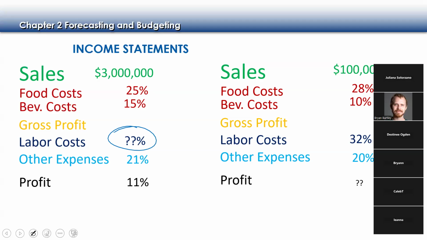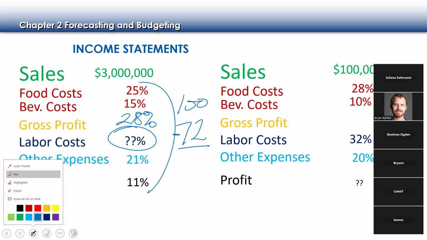Plus 25 plus 15. 40. 40 plus 21. 61 plus 11. 72. So these are 72. And we know that all of these together equals what? 100. So then that means 28%. That means my labor is 28%.